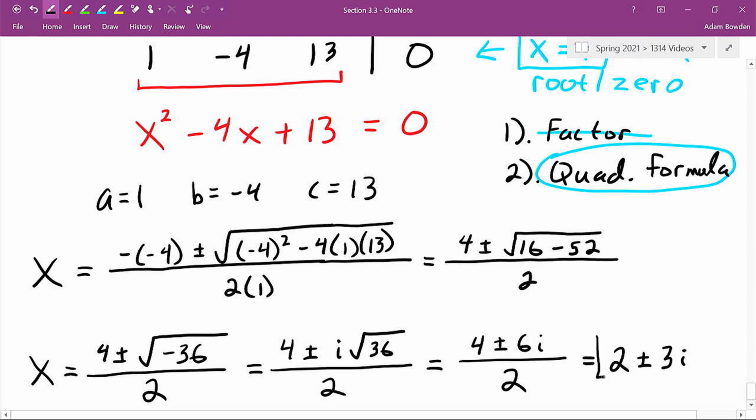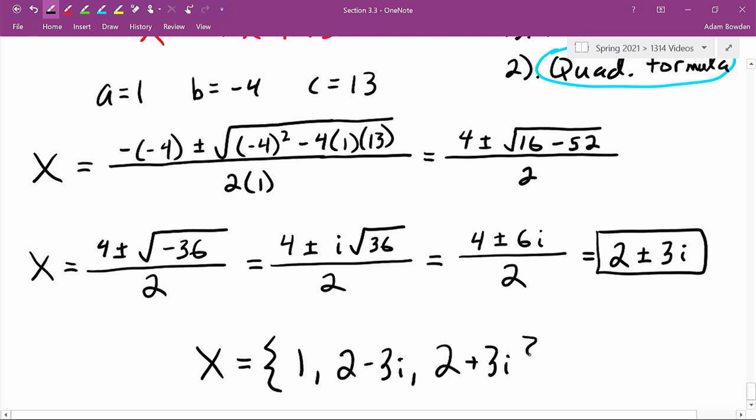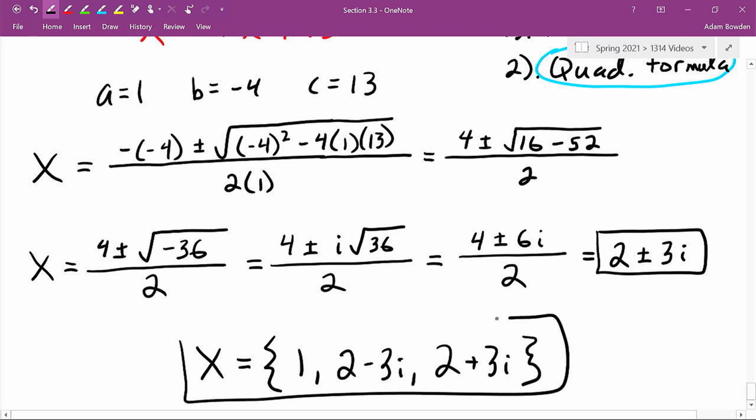So plus or minus 3i. So those are more solutions, but now imaginary solutions. So at the end, we can say that our roots or zeros, we had 1, which we figured out from the synthetic division, and then 2 minus 3i and 2 plus 3i. Those make up all 3 roots of this equation.